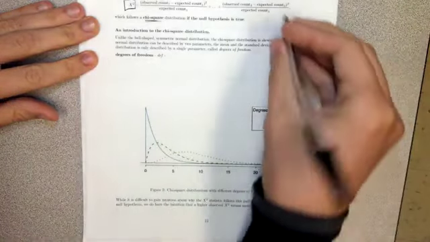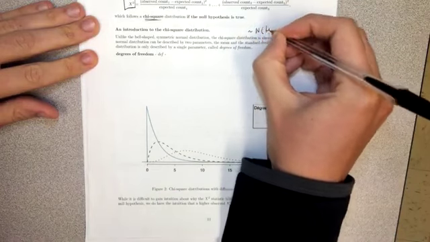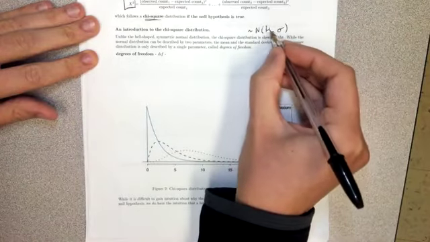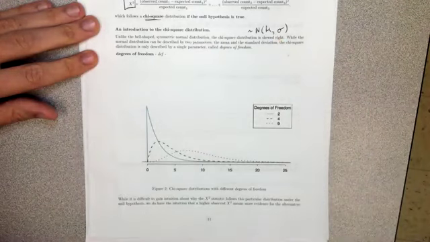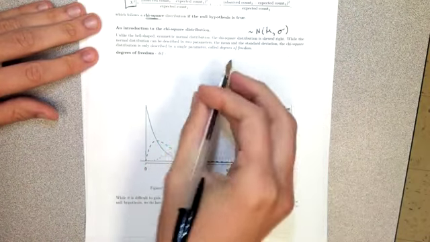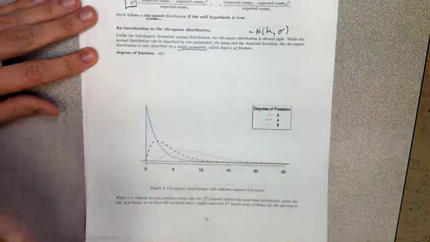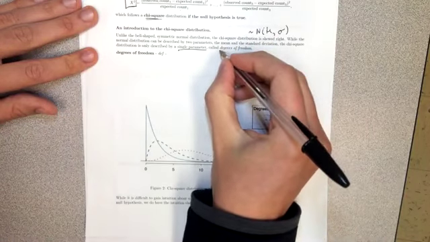The normal distribution, remember we wrote in shorthand notation, was normal with a mean, which we denoted mu, and a standard deviation, which we denoted sigma. So there were two different things that influenced the shape and center of our normal distribution. For the chi-square distribution, it's a little bit simpler, because it just has one single parameter that influences its shape and center. That's called the degrees of freedom.